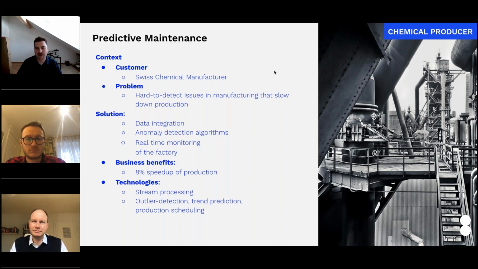And it's relatively simple behind the scenes, but it's able to already point to the valves that are most likely to cause problems, right? And by doing that, they were able to clean the right valves, just knowing which of the valves to clean. And this helped a lot. So it increased the throughput of the factory by roughly 8% in this case.